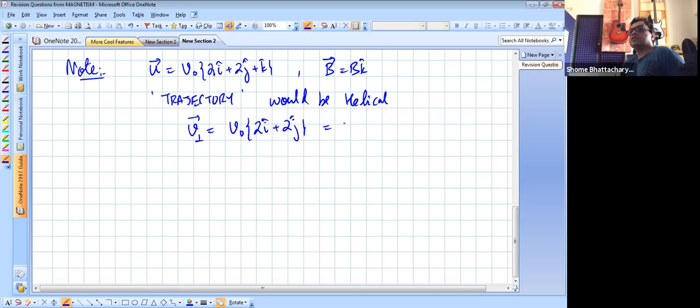So it is 2 root 2 v naught in magnitude. Whereas the parallel component of velocity is v naught k cap.